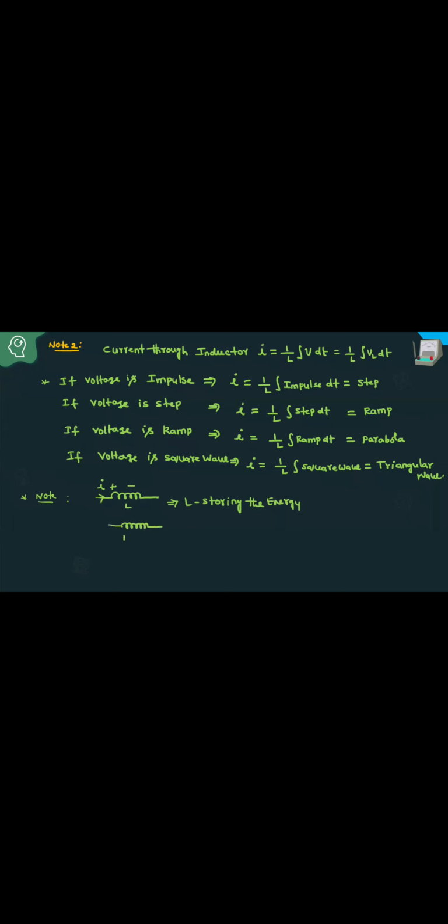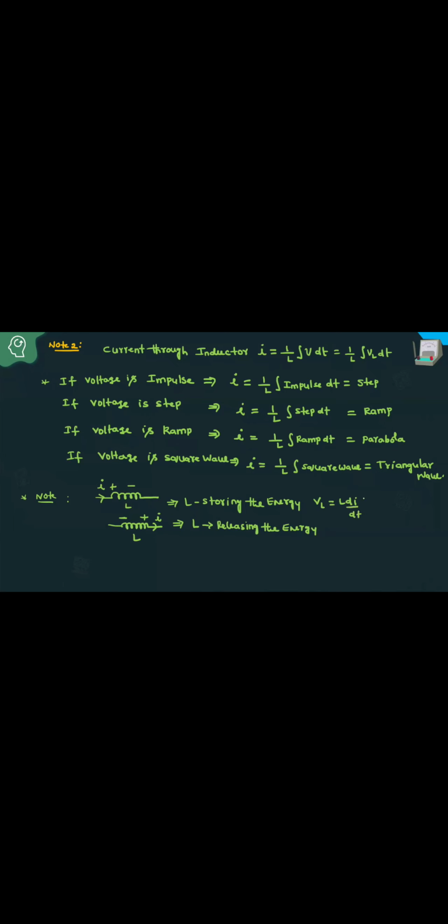If the current direction is like this, this is plus, this is minus, and the current is leaving at the positive terminal, then you can say that L is releasing the energy. One more point to remember: VL equal to L into di by dt.